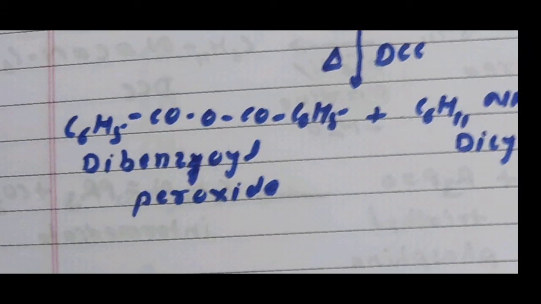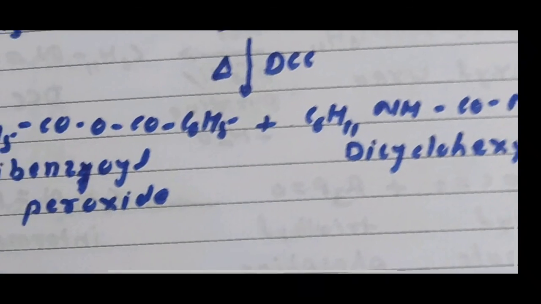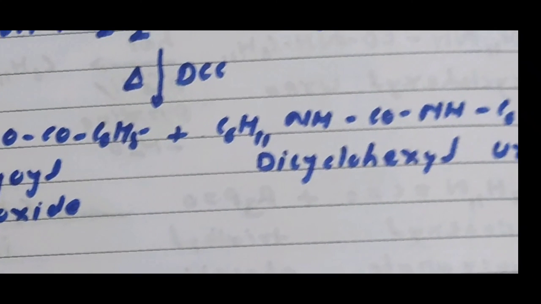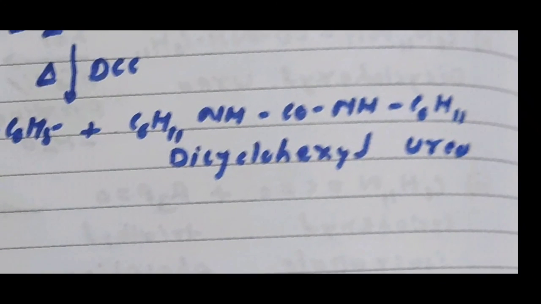Therefore, formation of dibenzoyl peroxide plus C6H11 NH CO NH C6H11, the formation of dicyclohexyl urea.